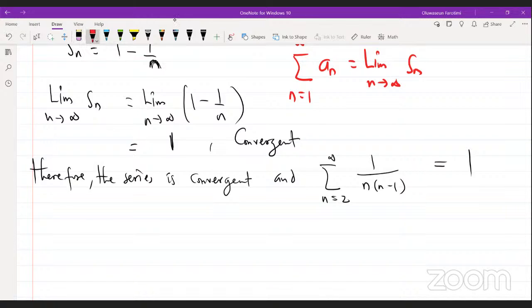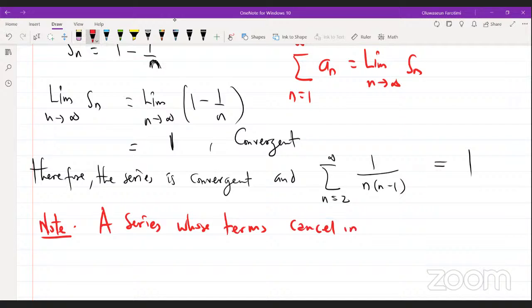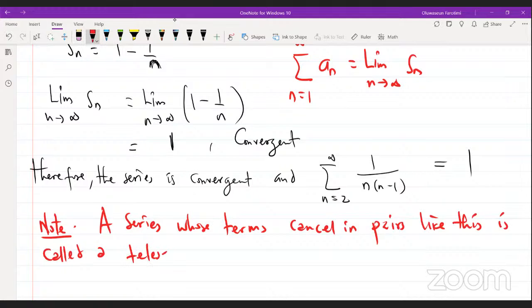So note, a series whose terms cancel in pairs like this is called a telescoping sum. If you have a series whose terms actually cancel in pairs, it's pretty much called a telescoping sum.